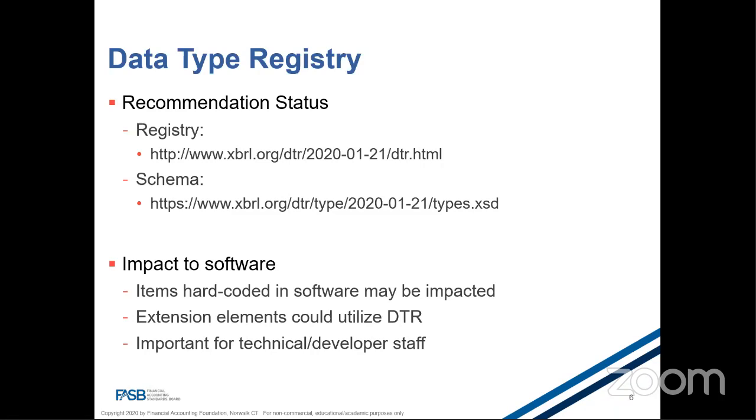We know what that can be like, and that's why we're having this discussion. Also, it does add a lot of new elements, and extension elements can leverage those data types included in the DTR, so it should be given consideration. Let me stress again, this is very important for the technical and developer staff of the service providers.